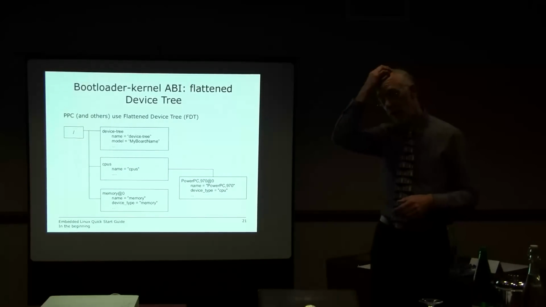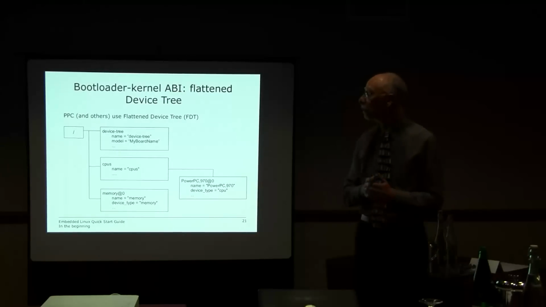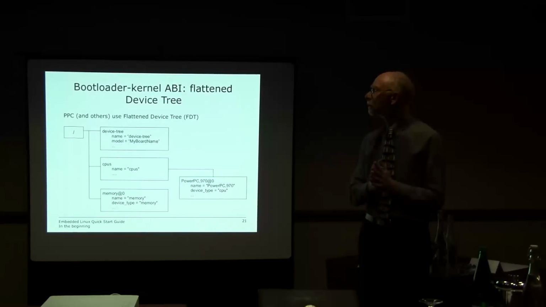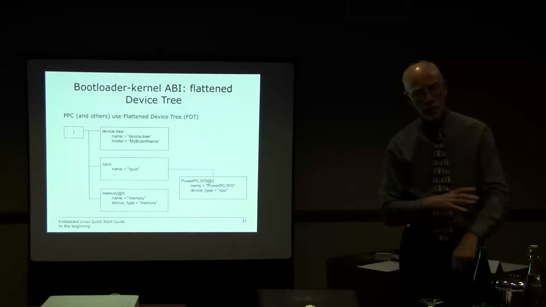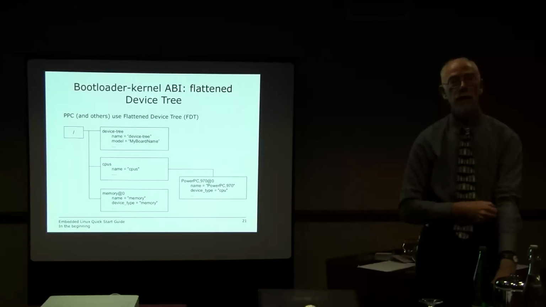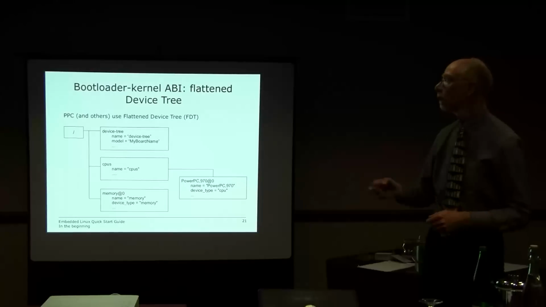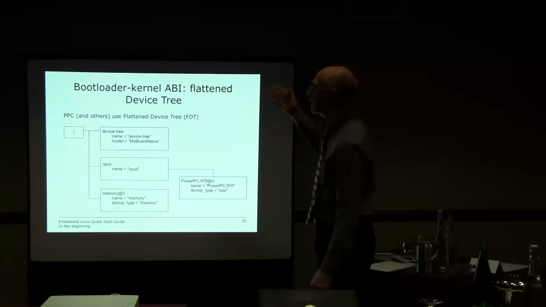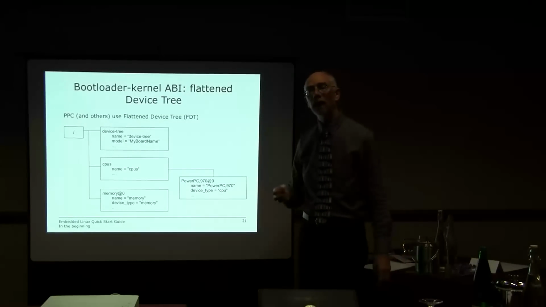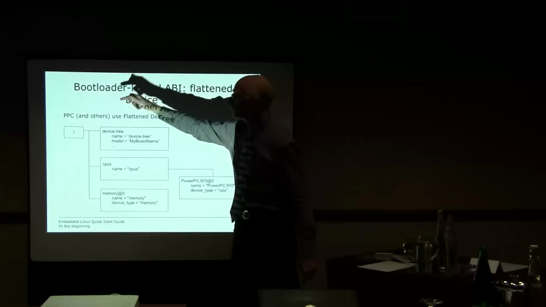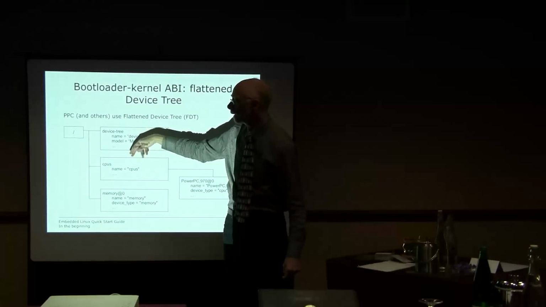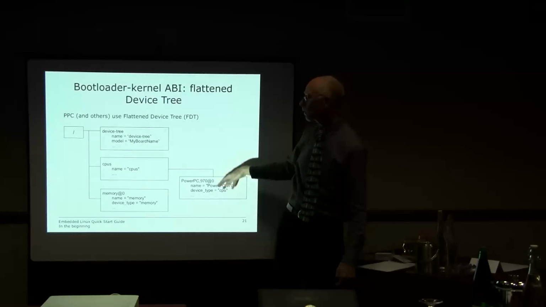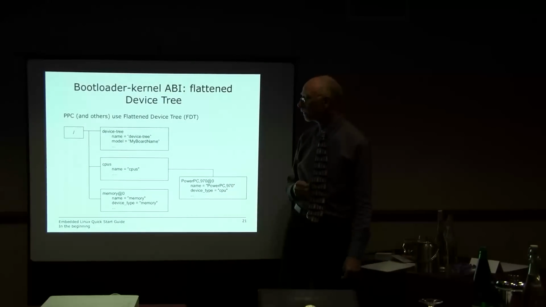Another, perhaps more flexible, way of doing it is to use flattened device trees, or FDTs. There's a lot more to it than what I have in this slide here. I'm just introducing the concept, really. But a flattened device tree is a similar thing, except now we have a tree structure starting from a root, and then we have nodes like, for example, CPUs, and then for each CPU you have a node describing a particular CPU.